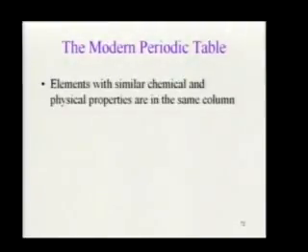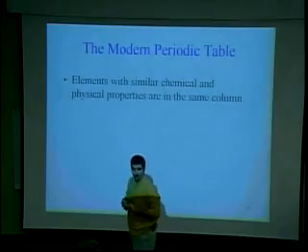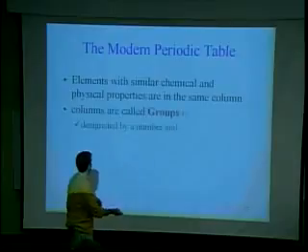Okay, you will find that when you have a column going down, like all the way to the left, for example, hydrogen, lithium, sodium, potassium, rubidium, etc., all the way down, these things are going to behave in a similar fashion. They're going to have some chemical properties and some physical properties that are similar to one another. That's why they're in the same column.